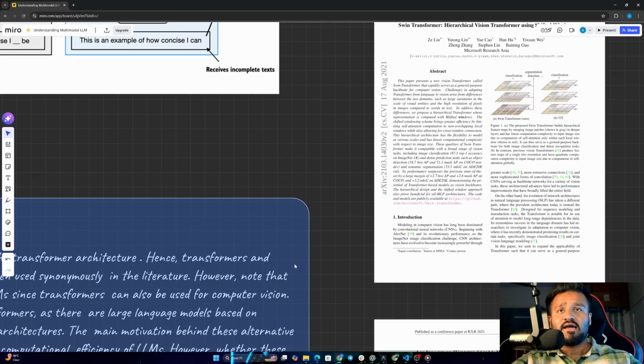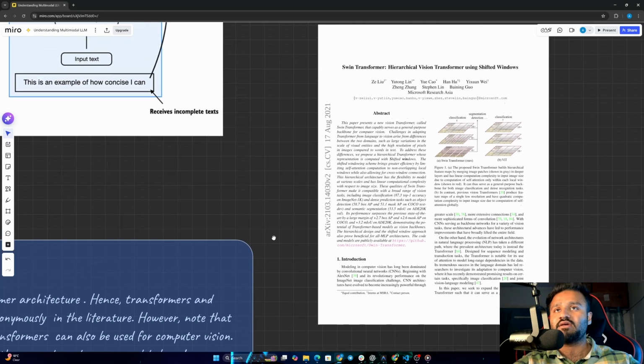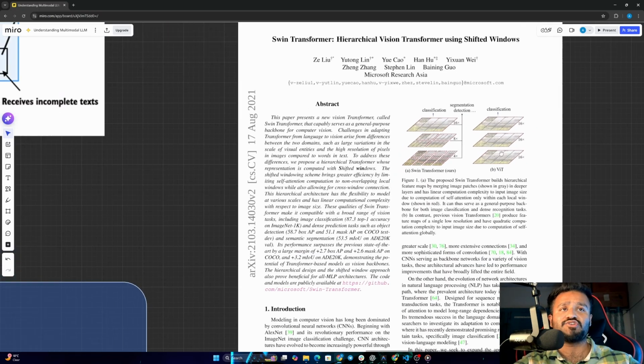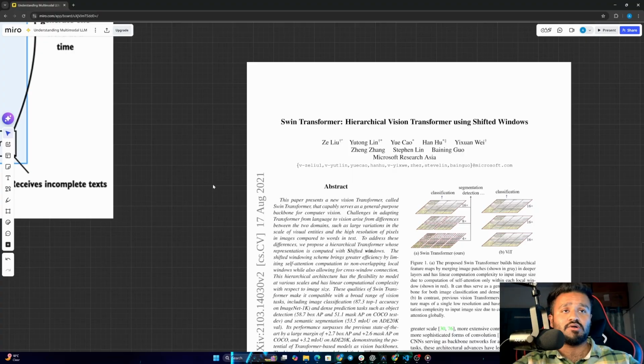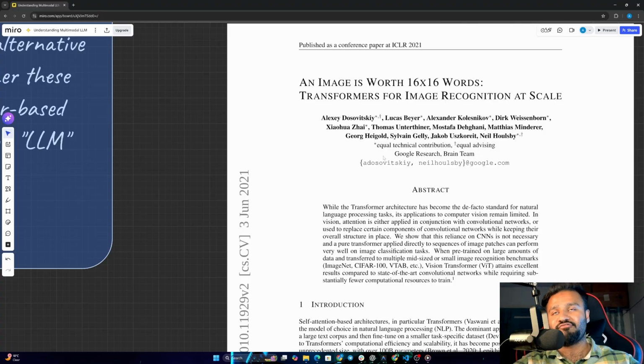So as you can see, the transformer architecture can also be used for computer vision tasks, and I will show you some research papers in which it has been used. I have taken out the Swin Transformer paper, which is for vision-based tasks, and this other one is the ViT, Vision Transformers paper.